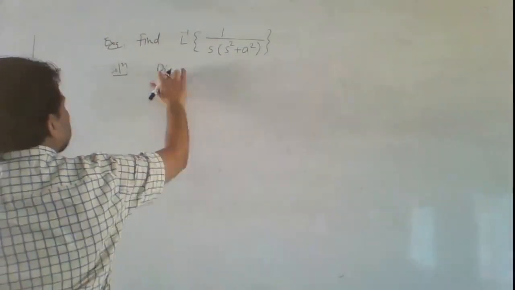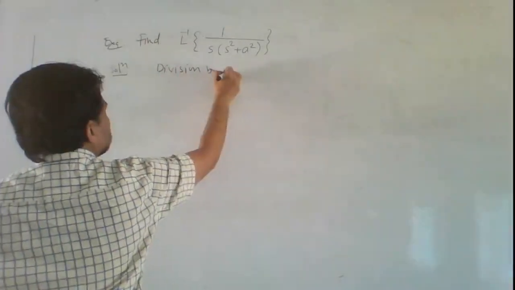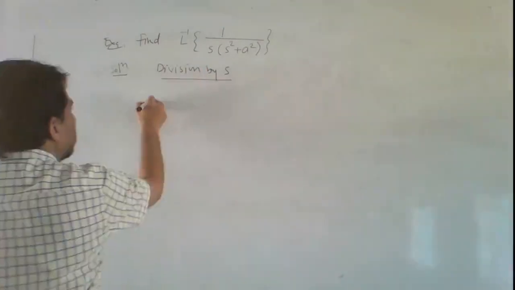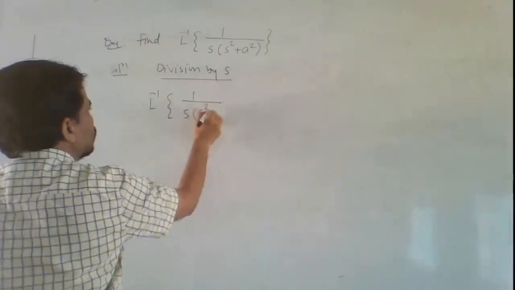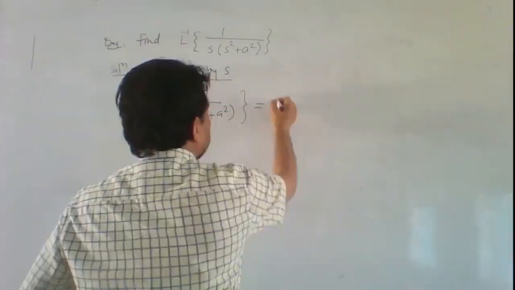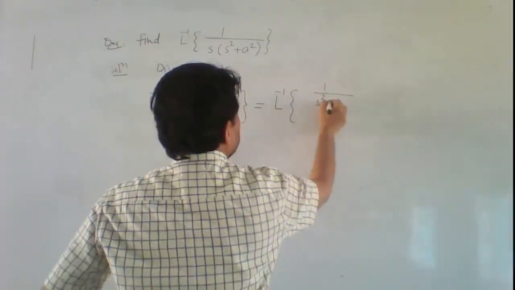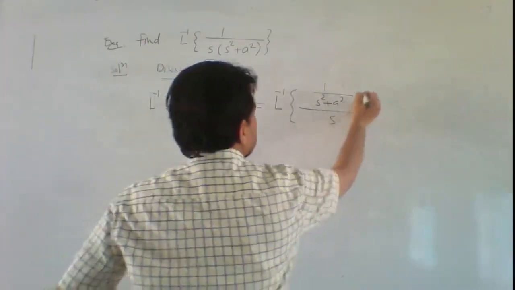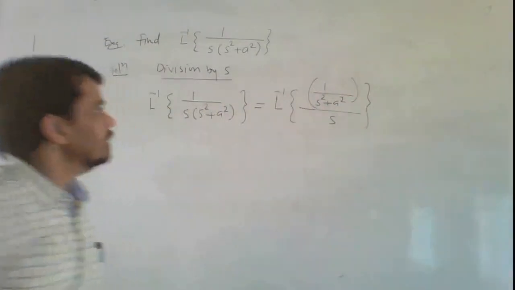Division by s property. Consider L inverse of 1 upon s into s square plus a square, which is equal to L inverse of 1 upon s square plus a square divided by s. The given function is written in this form.